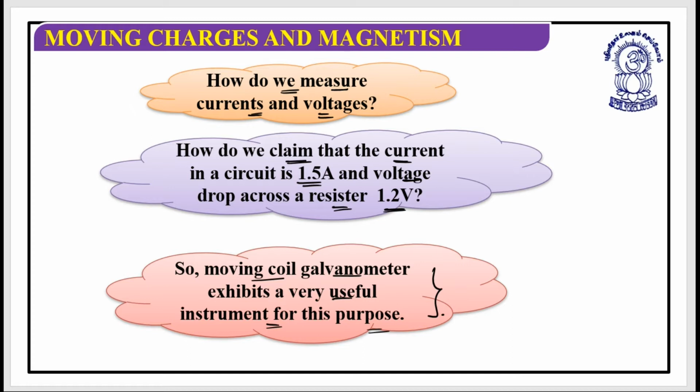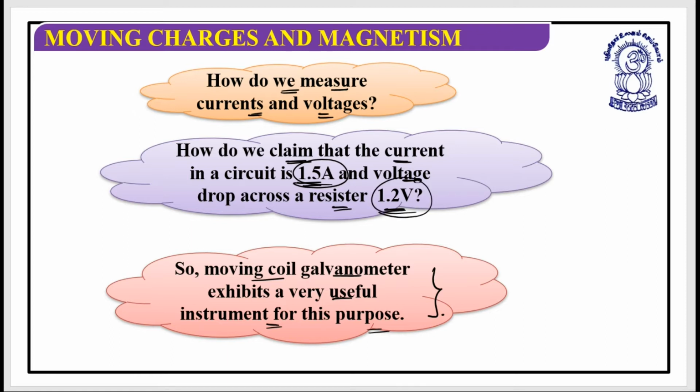That means we are going to make certain modifications in the MCG, the moving coil galvanometer, and then it will be capable of telling what amount of current is flowing and what amount of voltage is there. I hope it is clear.